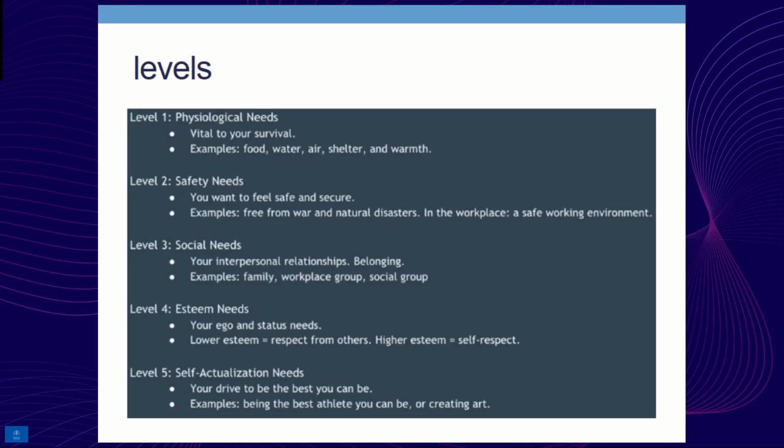Once you meet your safety needs, the next needs you will look to satisfy are your social needs. At this level, you'll have a desire to develop your interpersonal relationships. You want to feel as though you belong. These needs include intimacy, friendship, and family. According to Maslow, at this level, you will feel you need to belong to one or more groups.